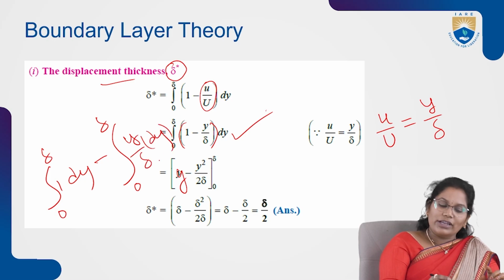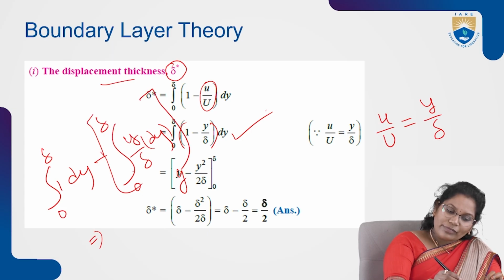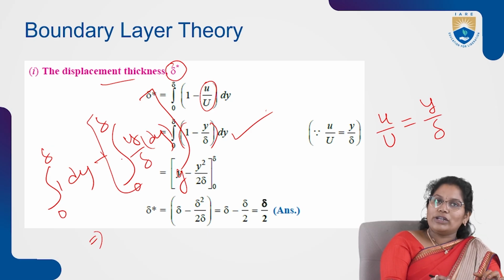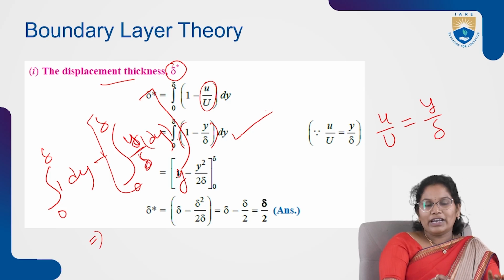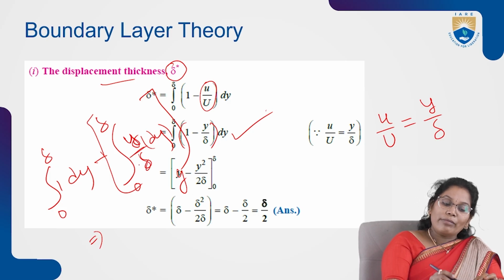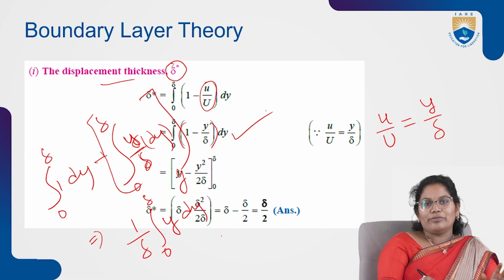Right? So here, I'm doing this one. Integration of 0 to delta of y by delta into dy. Here, 1 by delta we have to take as a constant, 1 by delta integration of y into dy, limits are 0 to delta, right?